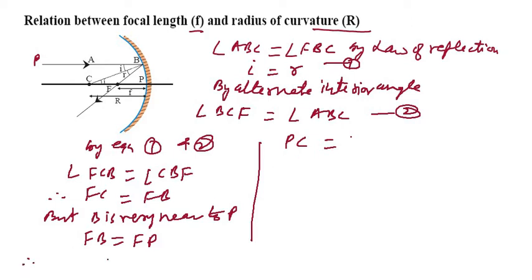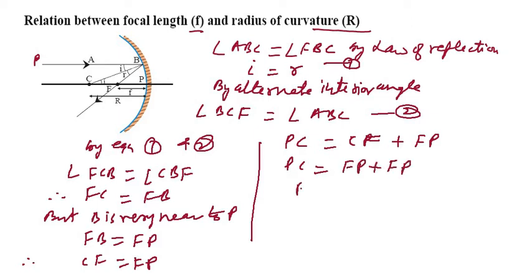Hence FB is equal to FP, so that means CF is equal to FP. Now PC is equal to CF plus FP, so PC is equal to 2FP.